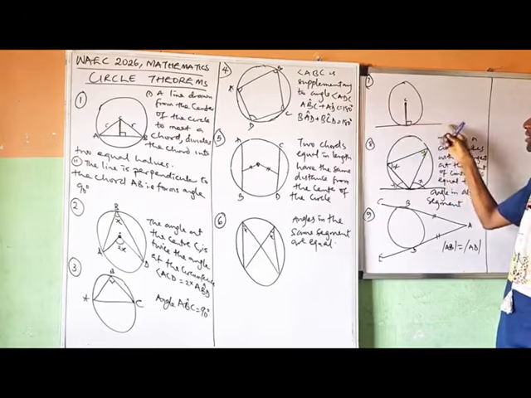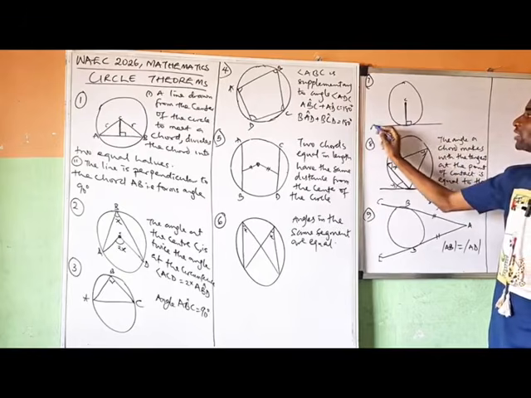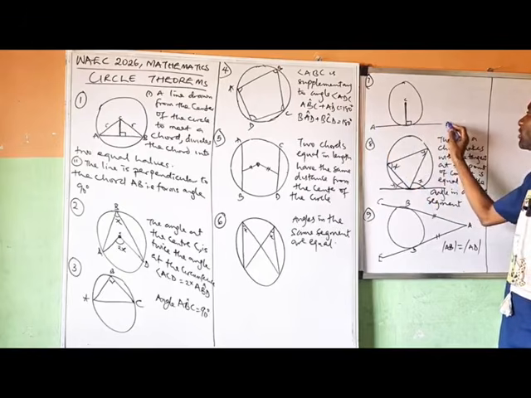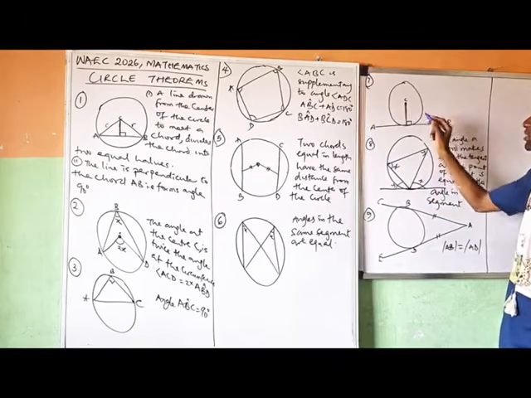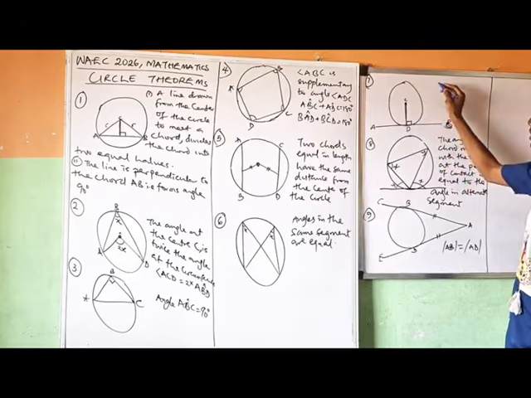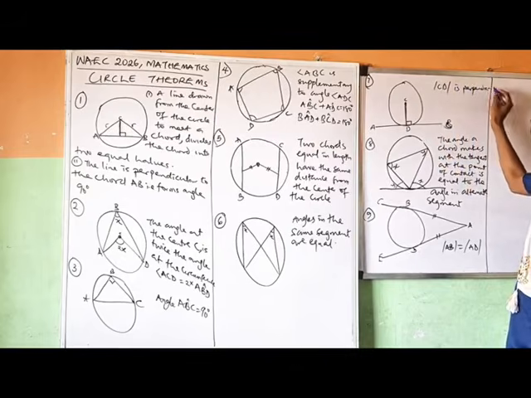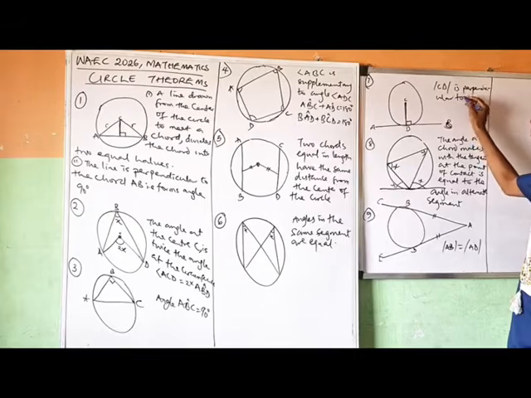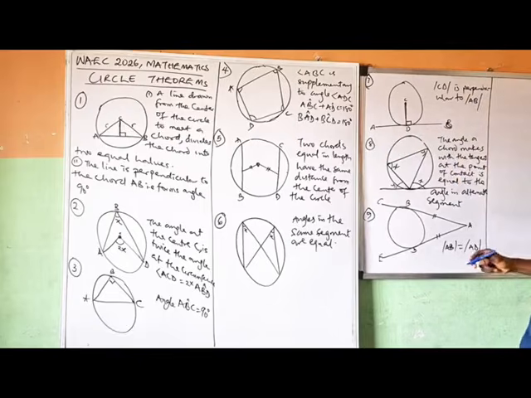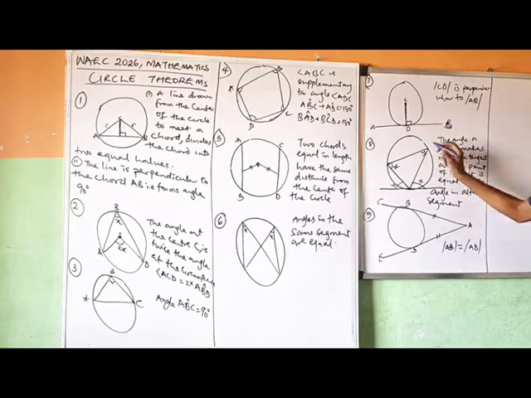The tangent is this line, so we can call it AB. So line CD is perpendicular to line AB.